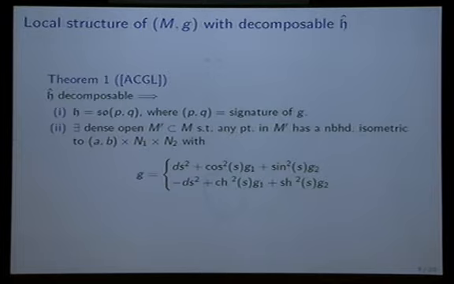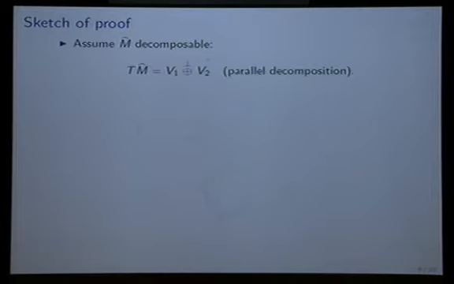And yes, then I wanted to give a sketch of proof, so to have some idea from where we get this decomposition and what are the kind of arguments we use. So first we assume that the cone is decomposable, so we know that the holonomy algebra is decomposable, and this means that the cone is locally decomposable, and after restricting this cone, we can assume it is decomposable.